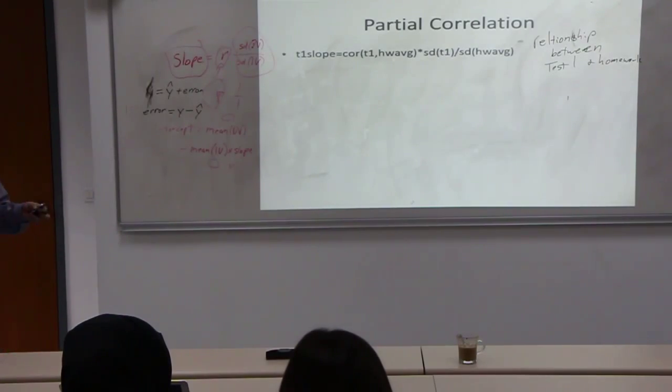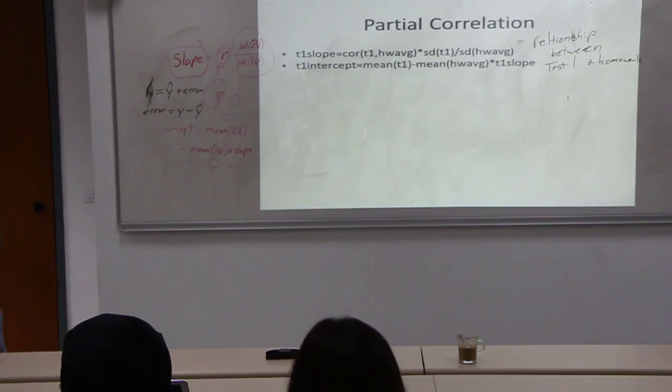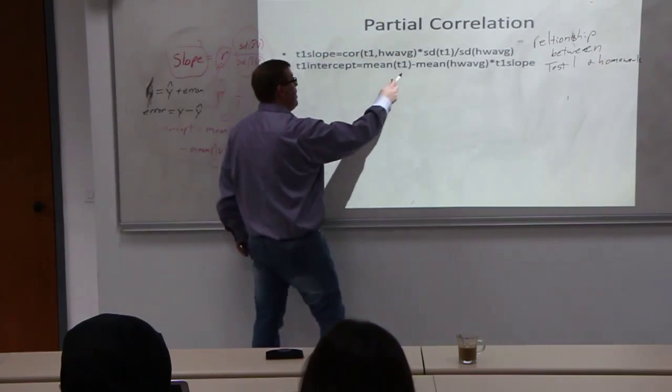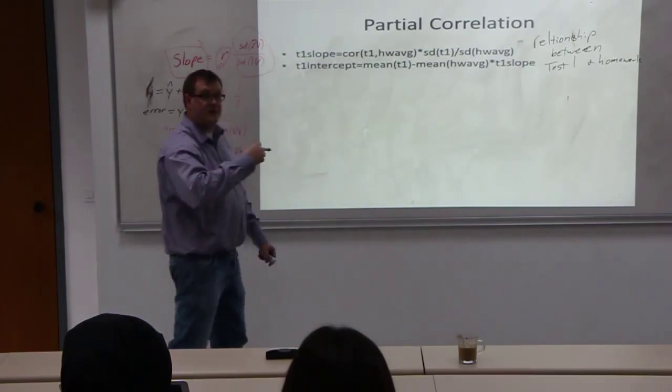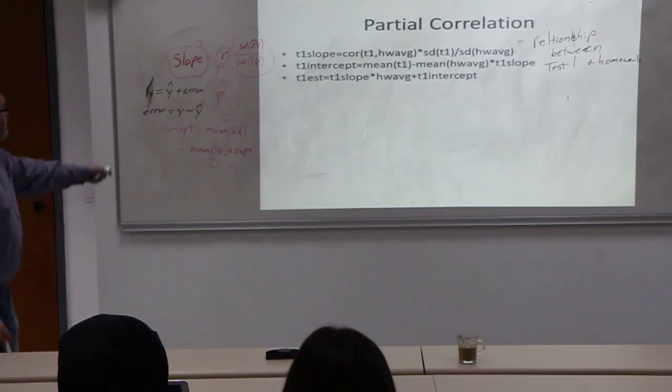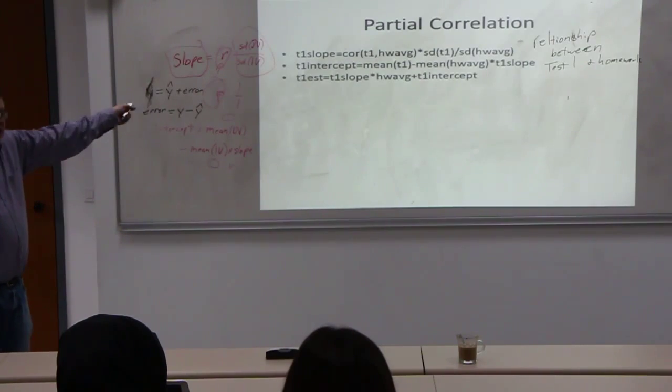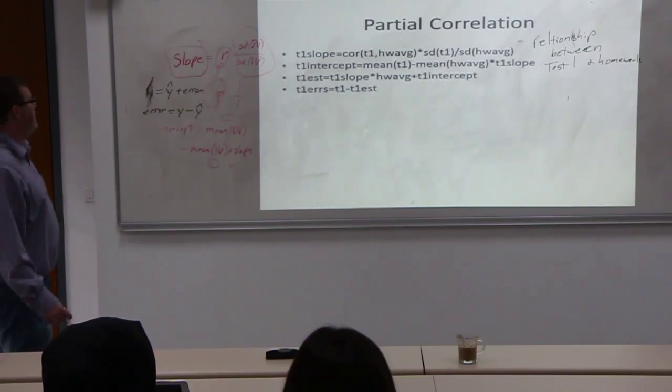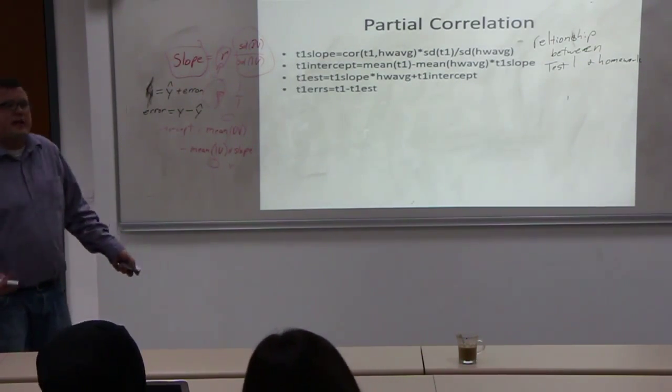So if I was going to do a simple linear regression for test 1 from the homework, which is what we did earlier, then we find the intercept. We get the mean of test 1 minus the mean of the homework times the slope. Then we can get our estimates for our test 1 scores, which we already did. And we can get our errors, which we did before.